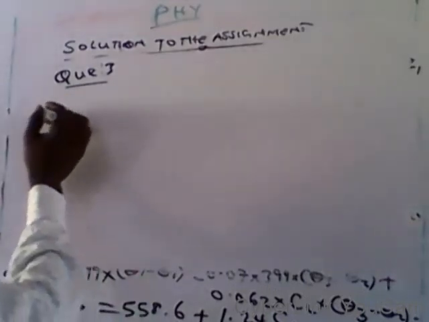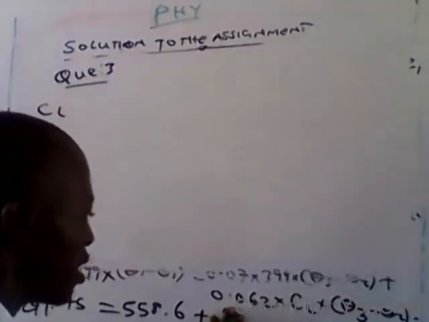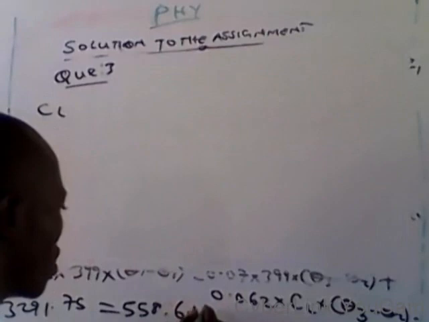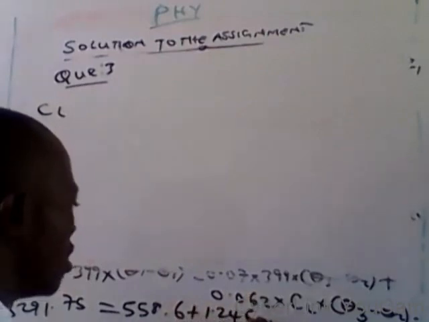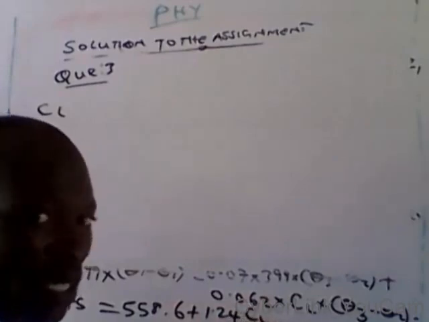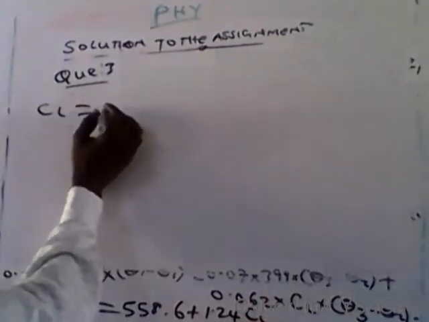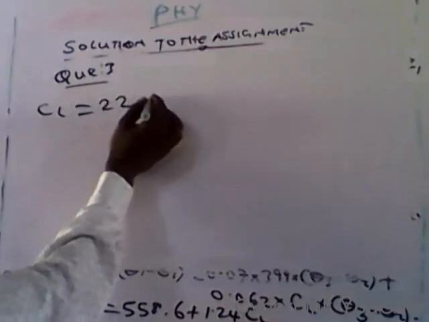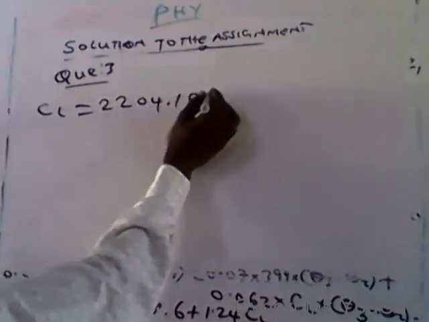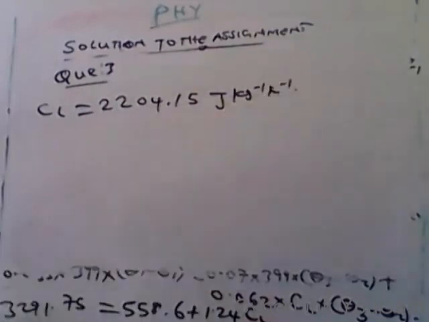I will have my Cl. So Cl will now be 2204.15 joule per kg per Kelvin.